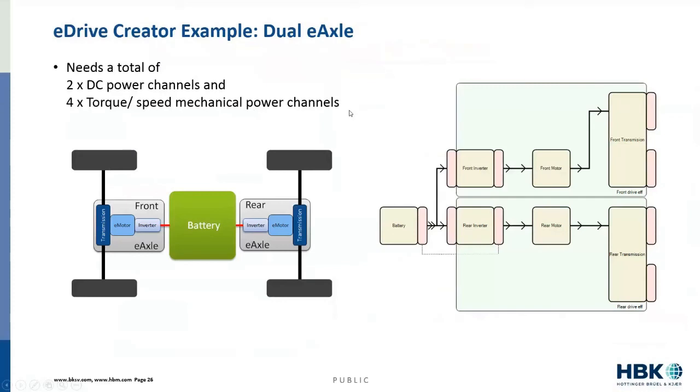So if we look at a few of our examples and how they would look in that eDrive creator, our dual e-axle now has a battery, 2 inverters, 2 motors, and 2 transmissions. You would build each of those pieces, tell Perception where you're measuring, and it's going to create all of those formulas for you automatically.